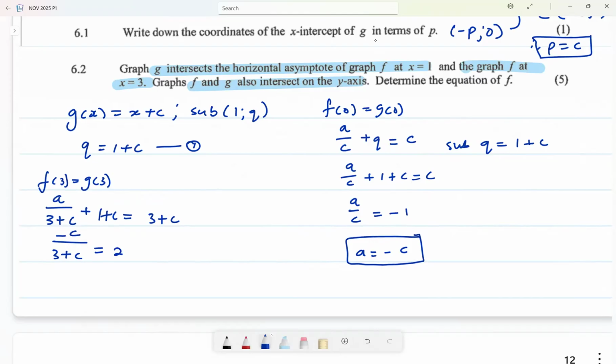And then when I multiply that, it's going to be negative c equal to 2 multiplied by 3, which is 6, plus 2c. And then when I take c to the other side, it's going to be negative 3c is equal to 6. And then it means that c is equal to negative 2.